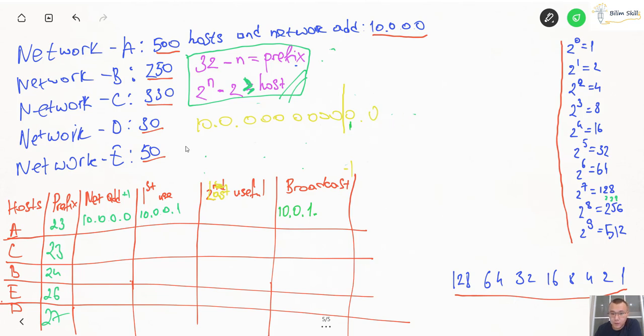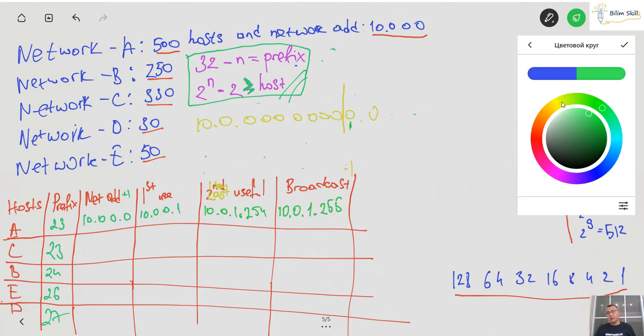So when it is full, we have 255, and making -1, the last useful will be here 10.0.1.254. Okay, now we know the network address, first useful, last useful, and broadcast address for network A.